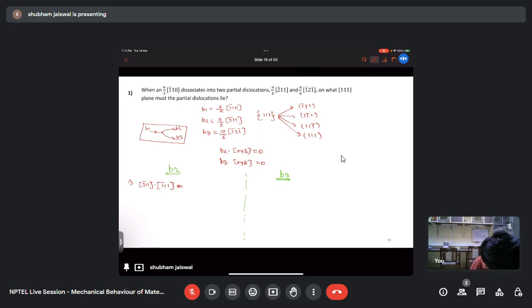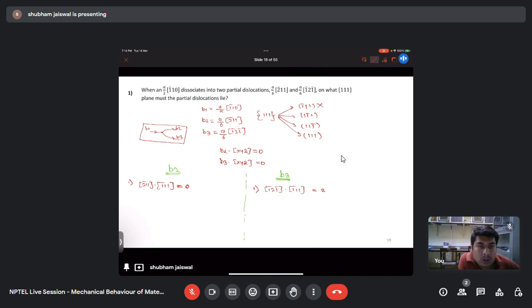So it comes out to be 0, that is minus 2 plus 1 plus 1. Yeah, it's 0. But for B3, it is 1 bar 2 1 bar and this is 1 bar 1 1. So this comes out 2. So for B2 and B3 together, it is not 0. So this can't be the answer.